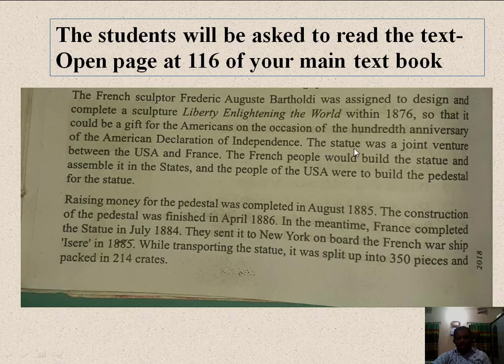The statue was a joint venture between the USA and France. The French people would build the statue and assemble it in the States, and the people of the United States of America were to build the pedestal for the statue.